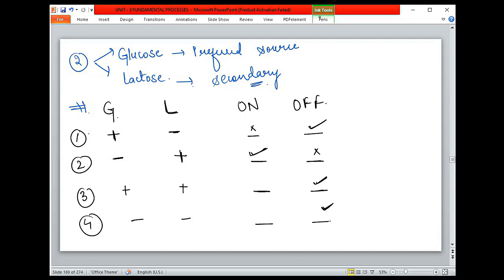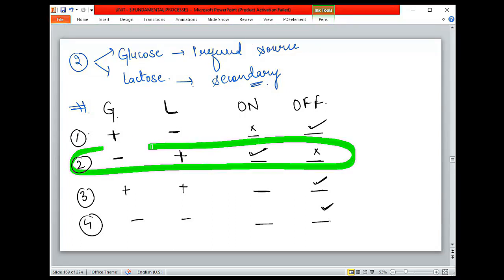Yes, so you can see which is the scenario in which it is in a turned on state. Only one scenario, when lactose is there and glucose is absent. In this scenario only, we have the lactose operon in the on state. How does all of this happen? We'll understand just now, but this was the basics of the same.